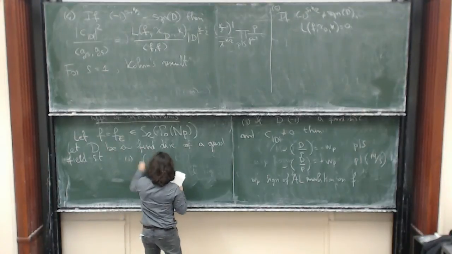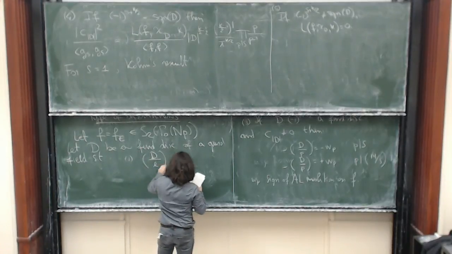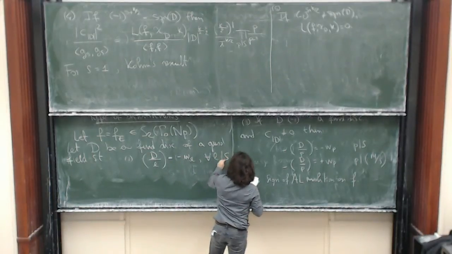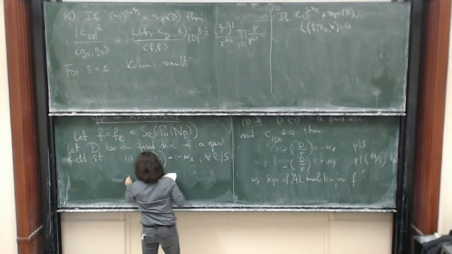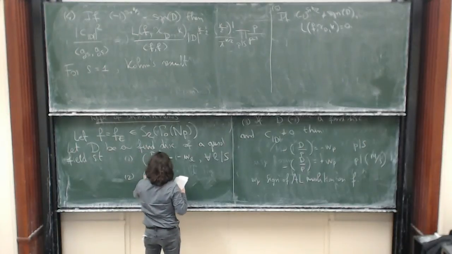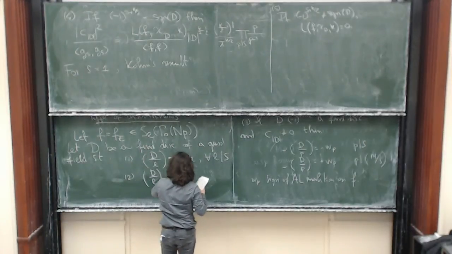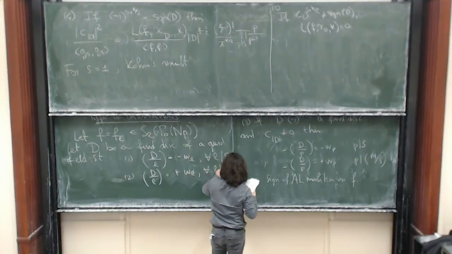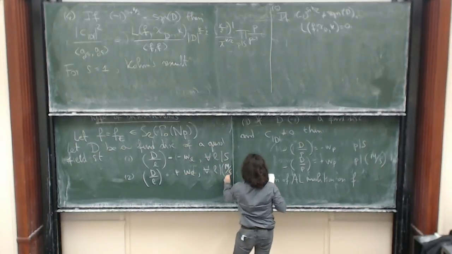The first is that D over L is equal to minus WL for all L dividing S. And the second condition is that D over L is plus WL for all L dividing M over S.